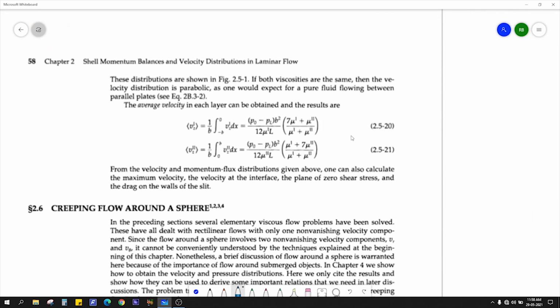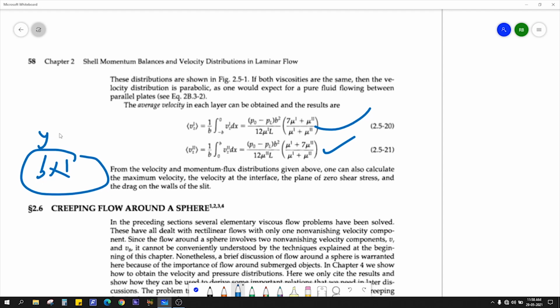And again, you can calculate the average velocity if you want to. Here they have integrated. Obviously, the cross-section area will be b into 1, since they have taken unit length in the y direction.